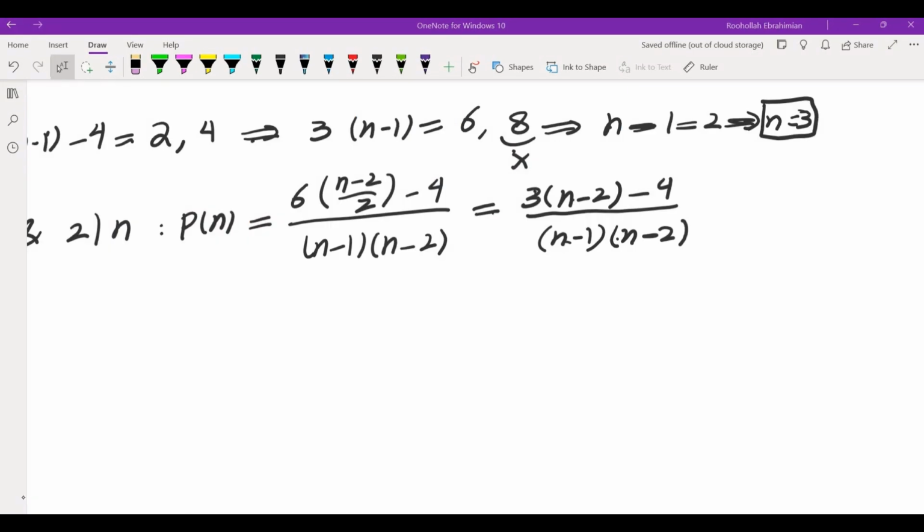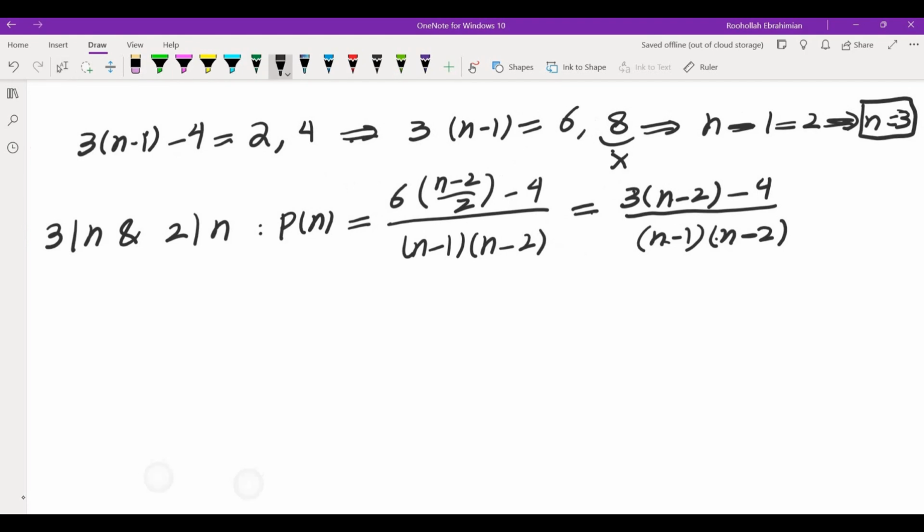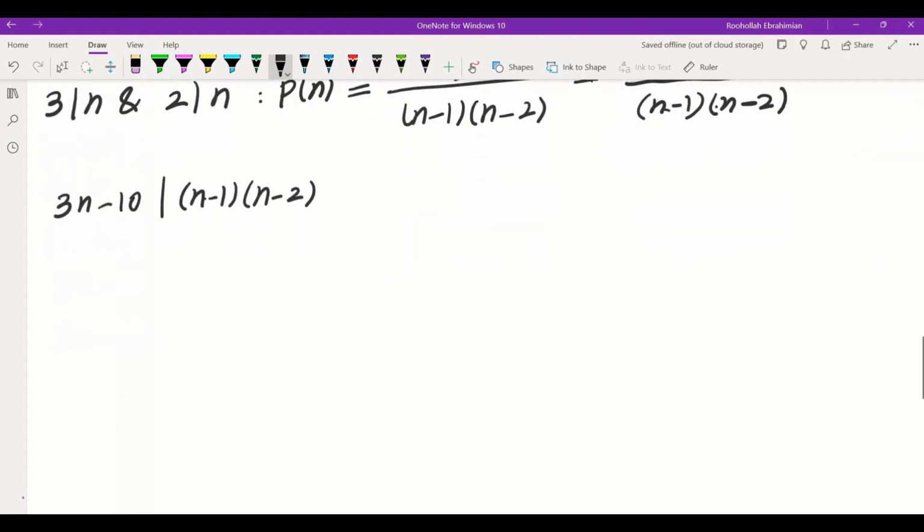Now we need to see when the numerator divides the denominator. The numerator is 3n minus 10, and this would have to divide (n minus 1) times (n minus 2). Let's find the GCD with each factor, and then we can ignore the rest.